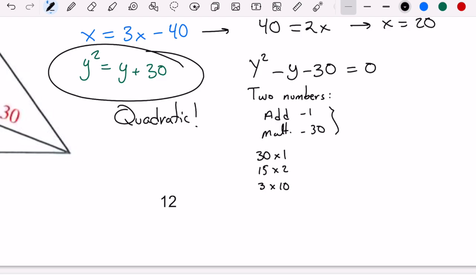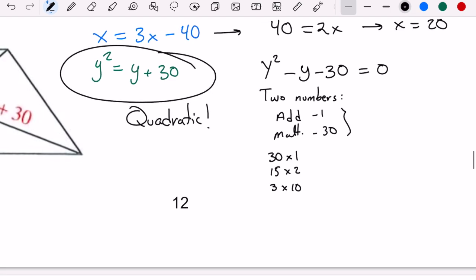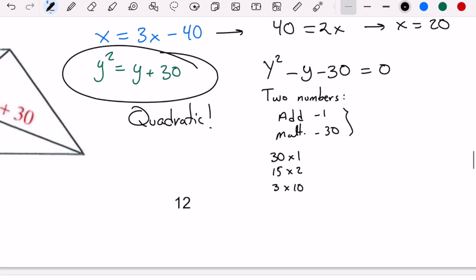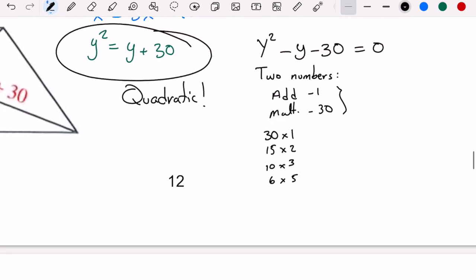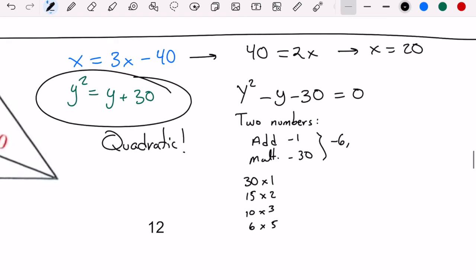Numbers that multiply to 30: 30 times 1, 15 times 2, 3 times 10. Useless, because 30 is not divisible by 4, but 30 is divisible by 5, so that is 6 times 5.